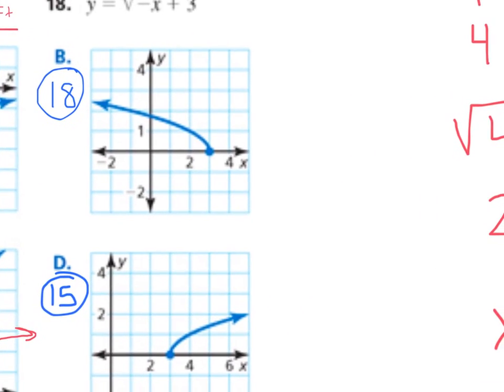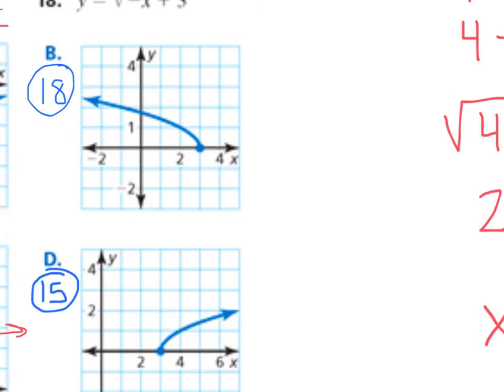Okay, let's go find the domain and range on B. So I'm going to write down D equals for domain and R equals for range. And the graph goes up and to the left forever. Okay, so when we ask for domain, we say how far left does it go? Well, left forever is called negative infinity.